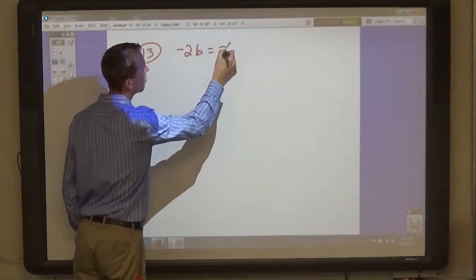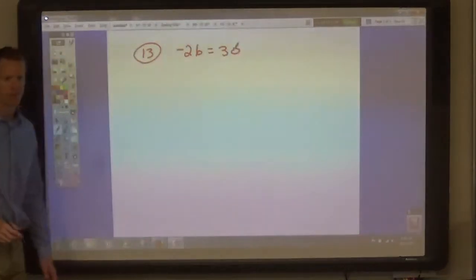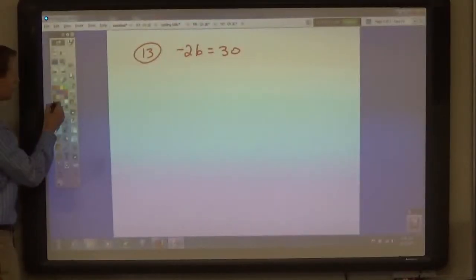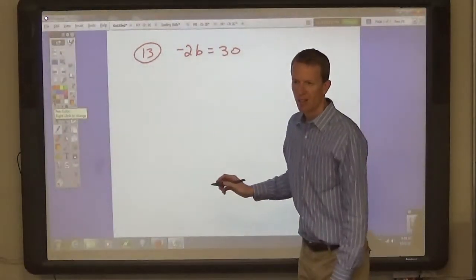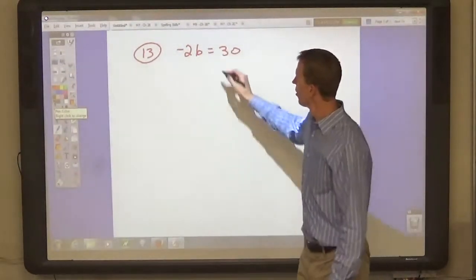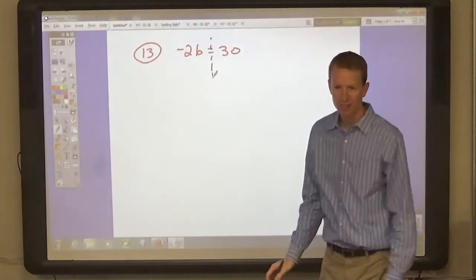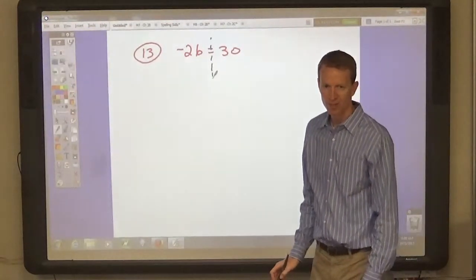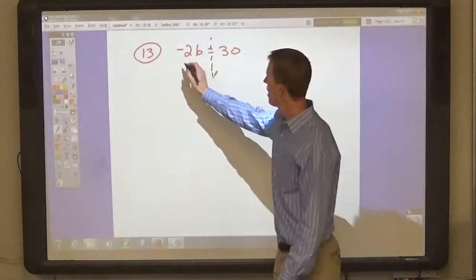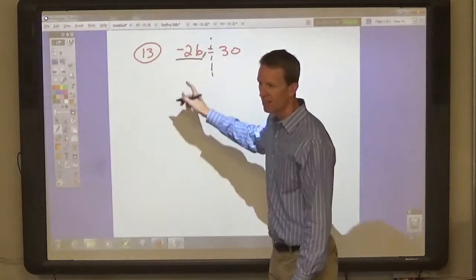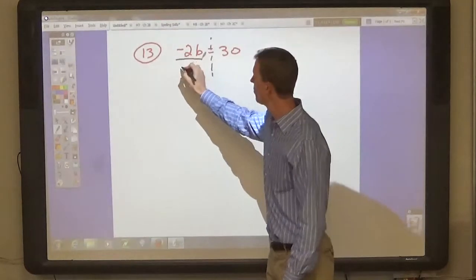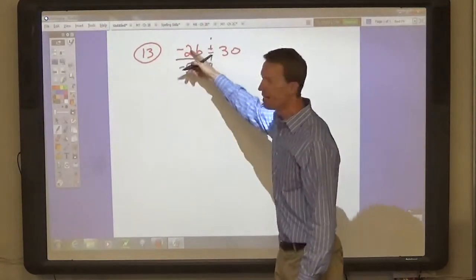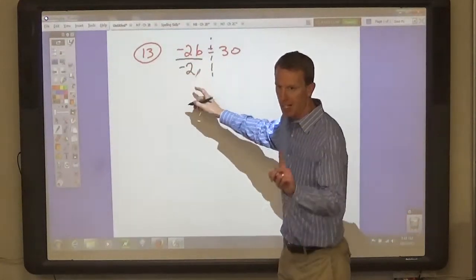-2b equals 30. So, start on this side with the variable. Divide both sides by not positive, it has to be negative, because a negative divided by negative is positive 1.